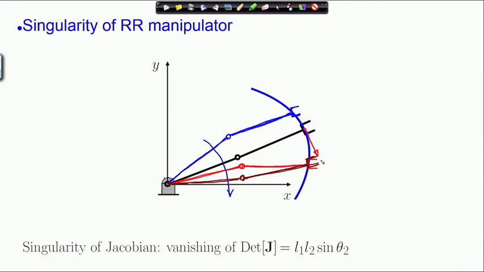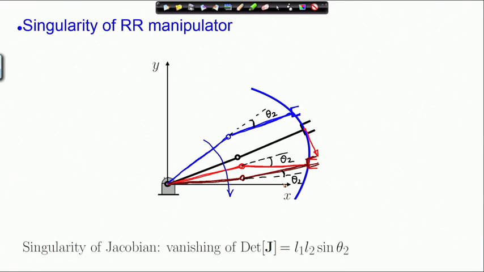So, this is also a possibility that the angle theta 2, here it was negative, goes to 0 and then again goes to negative, or theta 2 was negative, goes to 0 and flips to the positive side in the Brown configuration, as you can see here.